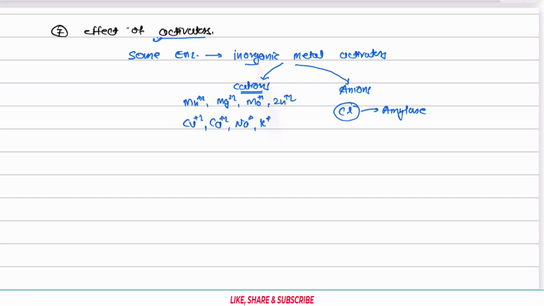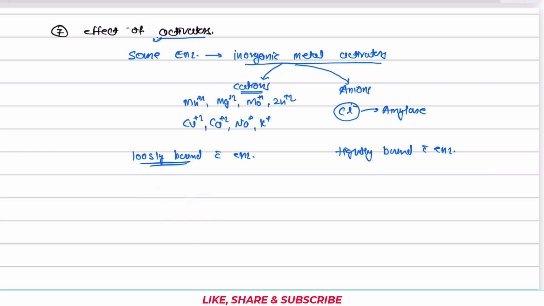Now these inorganic metal activators can either be loosely bound with the enzyme, or they can be tightly bound with the enzyme. If they are loosely bound with the enzyme, they are generally referred to as a metal activated enzyme.